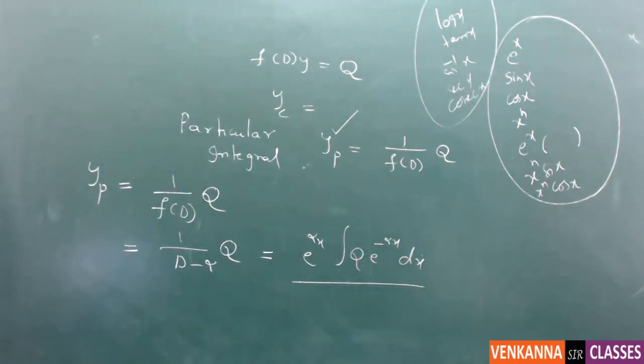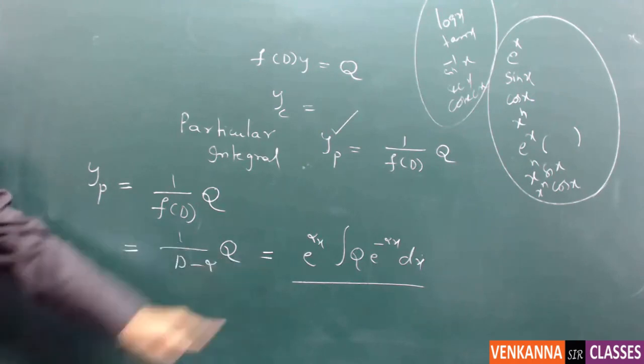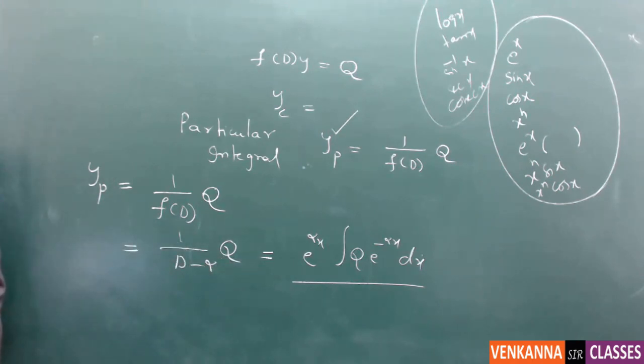Please take a note of that. After noting, please inform. I will take an example too. First note down this formula. One by d minus alpha into q equal to e power alpha x into integral q into e power minus alpha x dx.